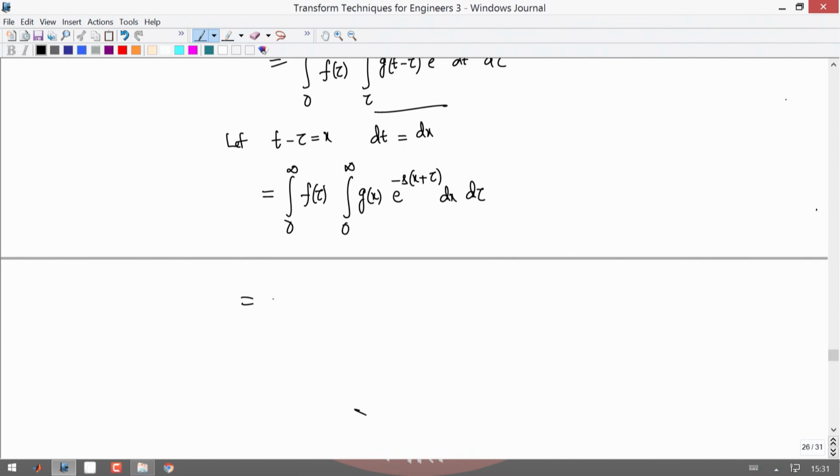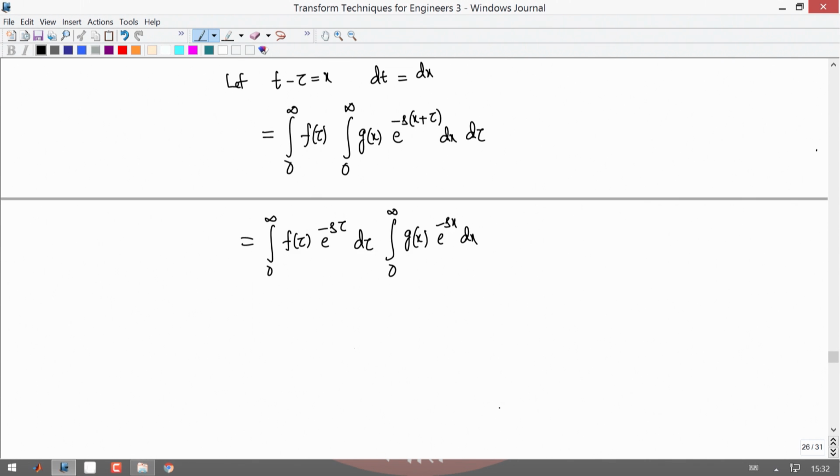So, this is nothing but 0 to infinity f of tau e power minus s tau d tau. They are separated now. So, the integrand is a function of tau and a function of x, so you can separate them. So, you have g of x e power minus sx dx. x is the dummy variable, you can put x as t.